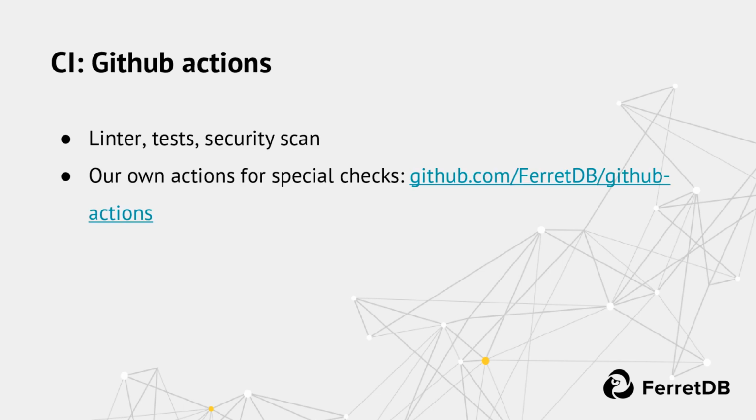And last but not least, how we run CI, how we run GitHub Actions. Again, we are open source, we host everything on GitHub, so it's a very natural choice for us to use GitHub Actions. We run linters, we run tests, we run also some additional security scans, for example, for containers that we use. Then we also have our own GitHub Actions for special checks, for example, for our contributors and actually also for ourselves.